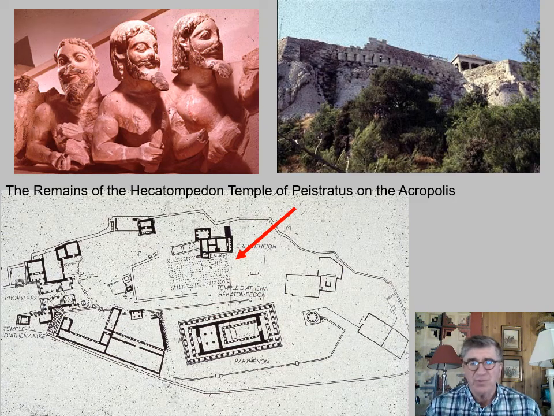One of the things he built was a giant temple. You can see the shadows of it, the temple of the Hecatompedon, which means the one sacrifice of 100. It was destroyed during the Persian Wars by the Persians. The remains of it, since it was sacred art dedicated to the gods, were buried on site and were recovered.